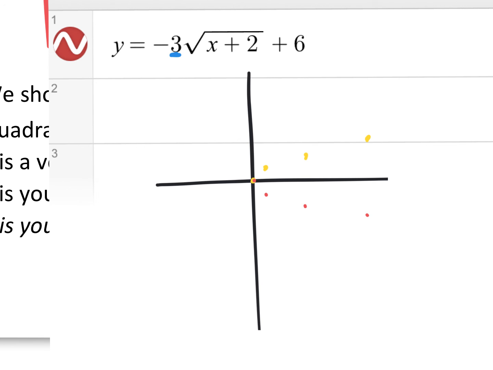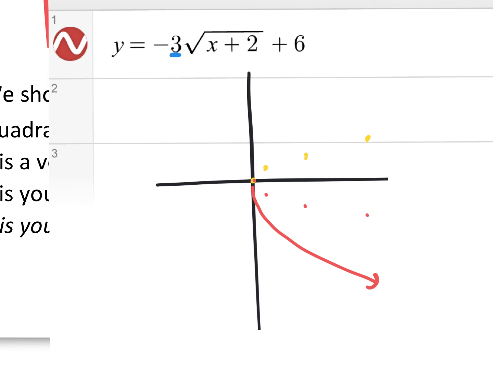Vertical stretch, right? A compression would be a fraction that's less than 1. And if you're thinking, oh, negative 3 is less than 1, the negative just means that it gets reflected over the x-axis. But now we're going to stretch it by 3, which means that it gets stretched. So our new graph would be something like that, right?